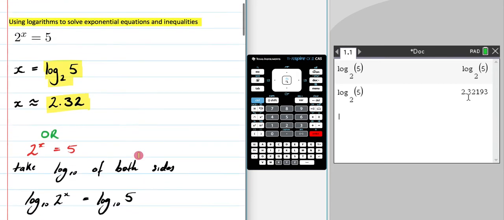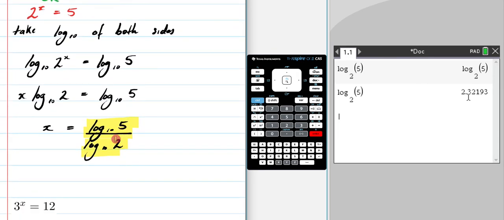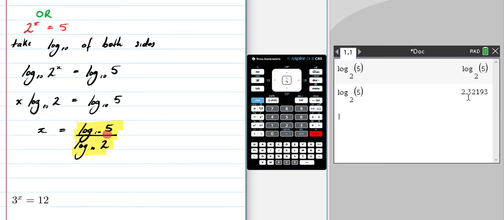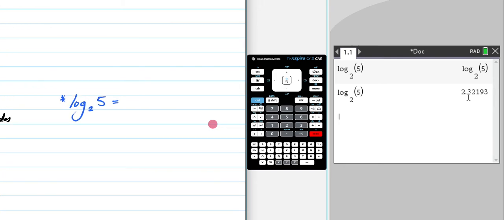So if we come up here, log 2 to the 5, that's the same thing as this. Now, this is utilizing a rule that I said we'll get to later, and let me talk about that rule now. This is just a little rule that's really good to know. If you have log 2 to the 5, another way you can write that is log, and the base doesn't matter here because we'll be dividing, but let's just say base 10.